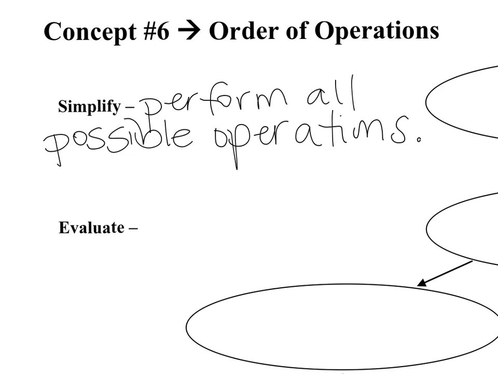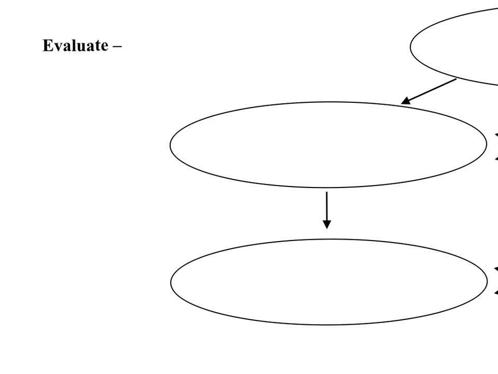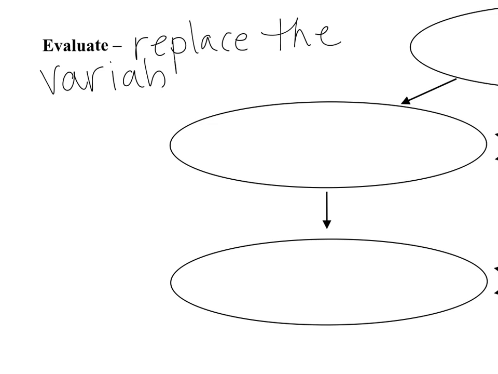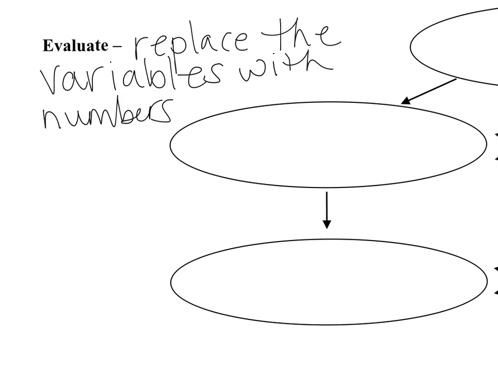Now let's take a look at evaluate. Evaluate also just means to simplify, but in this case you're going to have variables and you'll be told what the variables represent. So what we're going to do here is we simply replace variables with numbers and perform indicated operations.